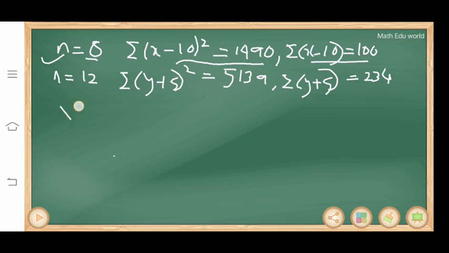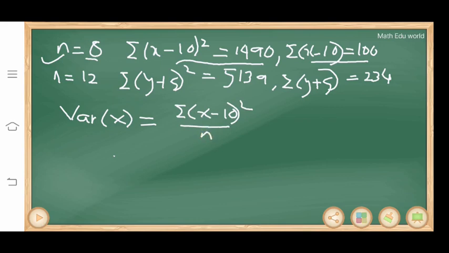So the variance of (x minus 10) is sigma of (x minus 10) the whole squared by n, minus (sigma of (x minus 10) by n) the whole squared.